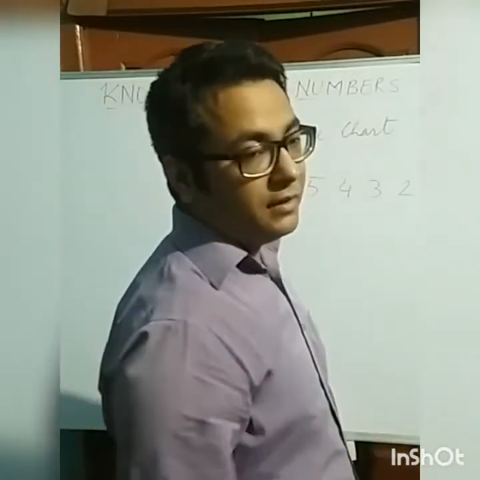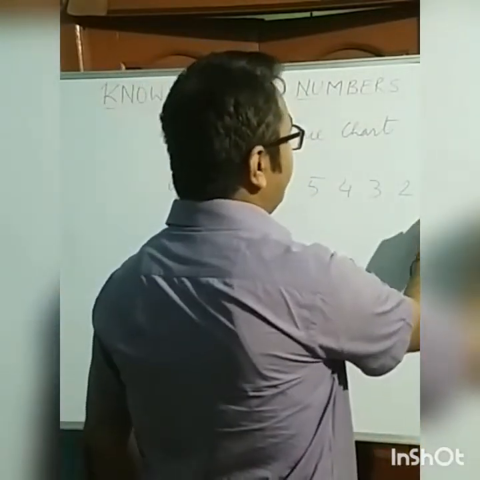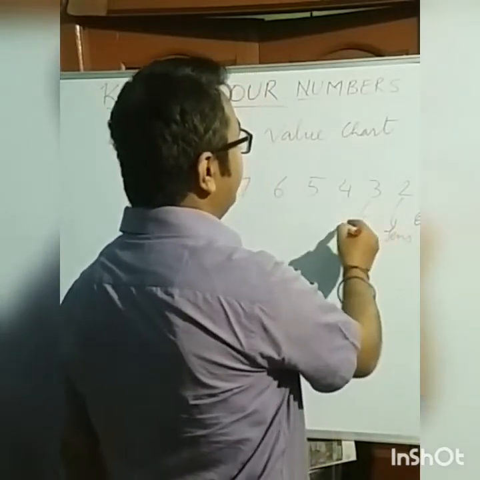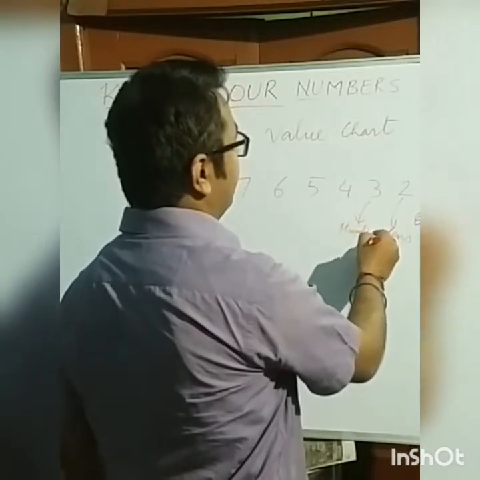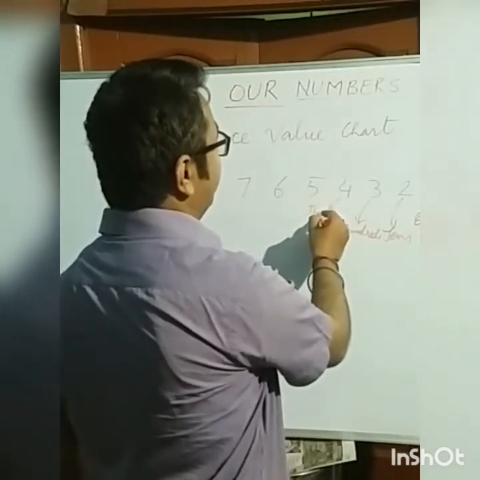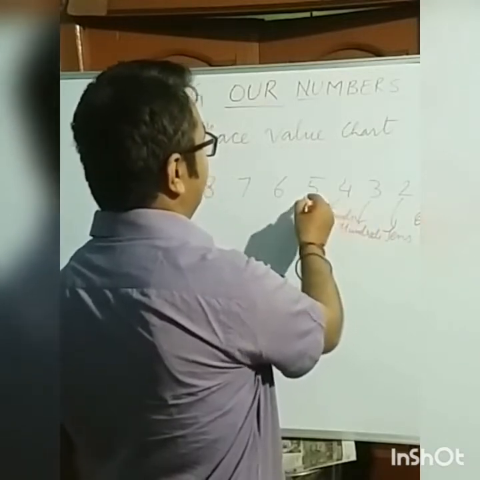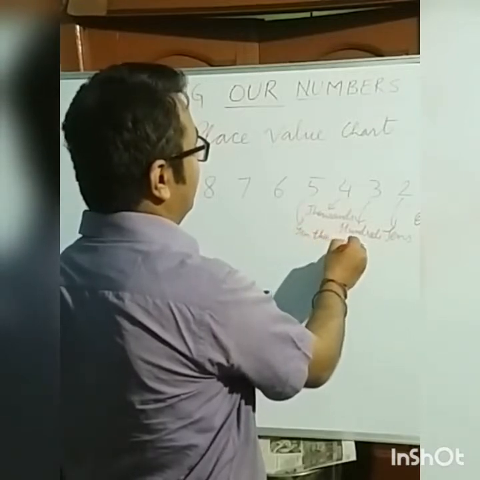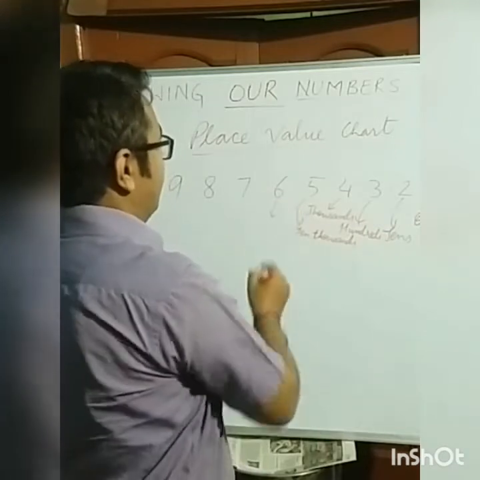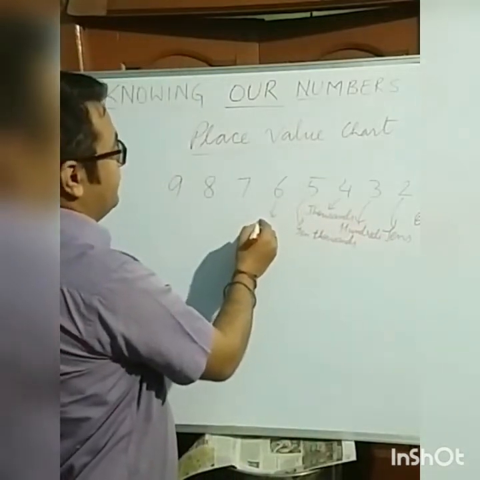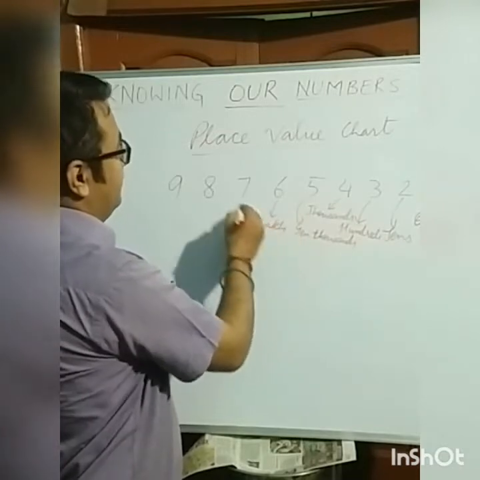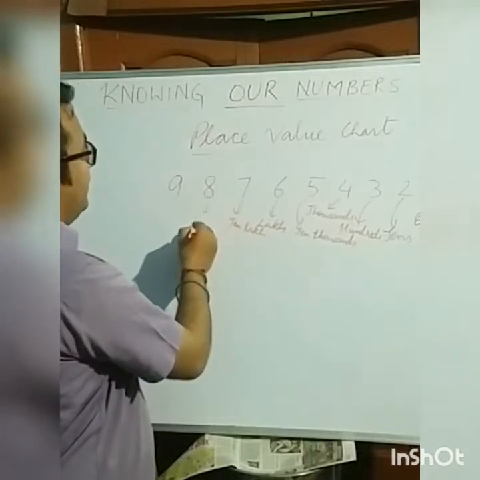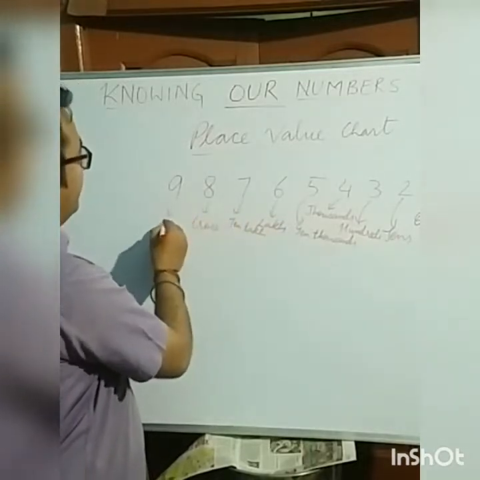So we'll always start from the right side. The first place value is ones, second is tens, third is hundreds, then thousands, then 10,000s, then 100,000 or lakh, then 10 lakh, then crore, then 10 crore.